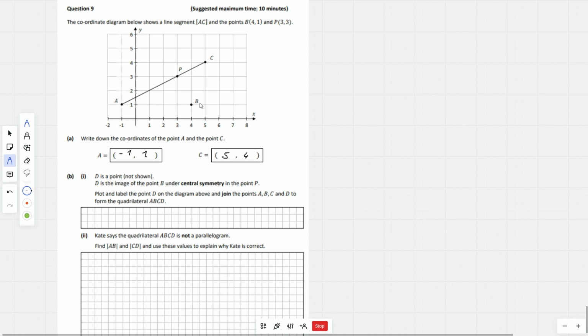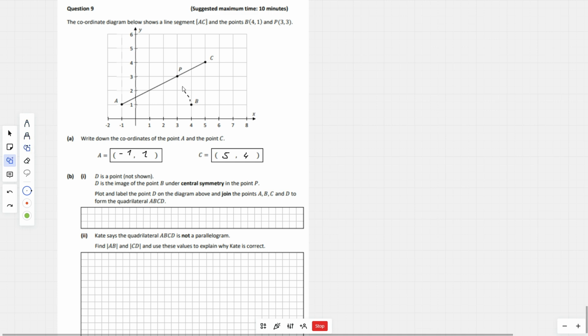So if we go from B to P, we have to extend that past. I can't draw a straight line here, but just imagine you extend that straight past P, it will end up here. So actually, let's draw that using this tool here.